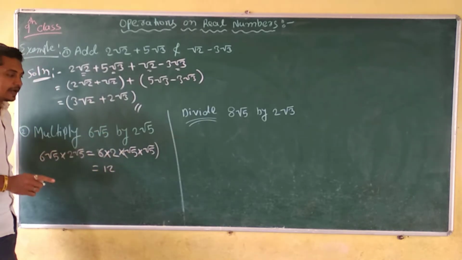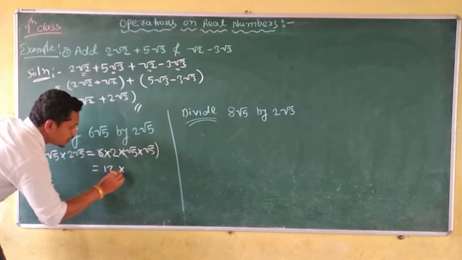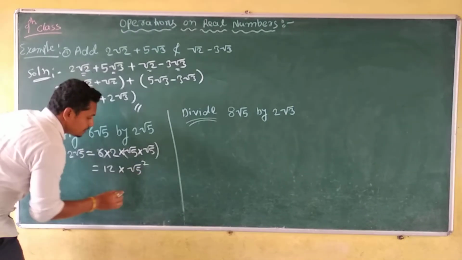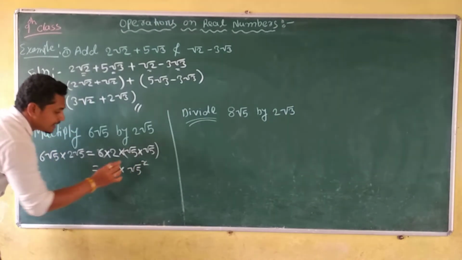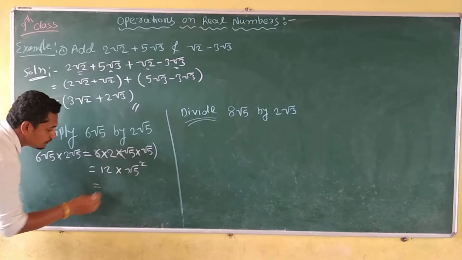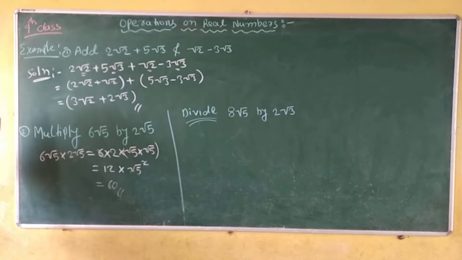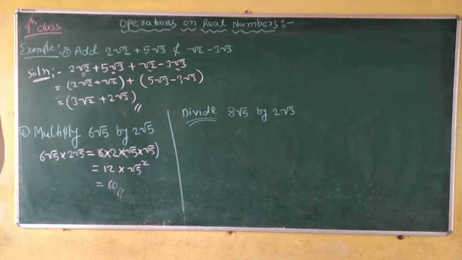Root 5 into root 5 is root 5 squared, and the square and square root get cancelled, so it is 5. So 12 into 5 is 60.